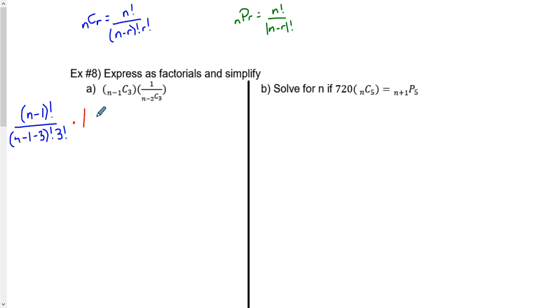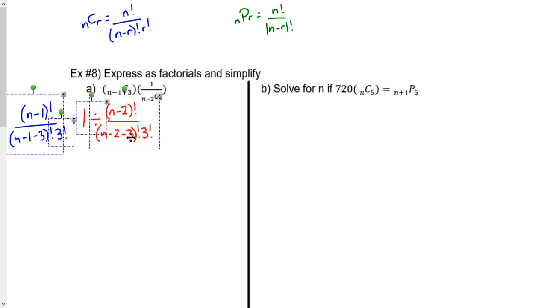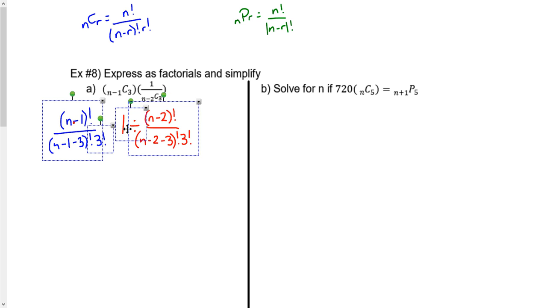I'm going to say it as multiplied by 1 divided by n subtract 2, which is the n in this one, factorial, over an n subtract 2 subtract 3 factorial, 3 factorial. Alrighty, nice, long, convoluted. Could probably move all of it over, just to be a little more centered.